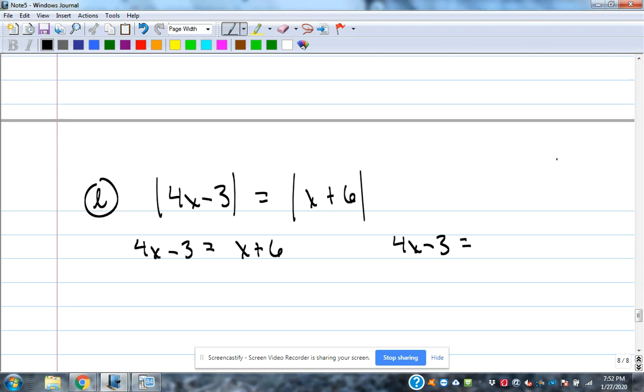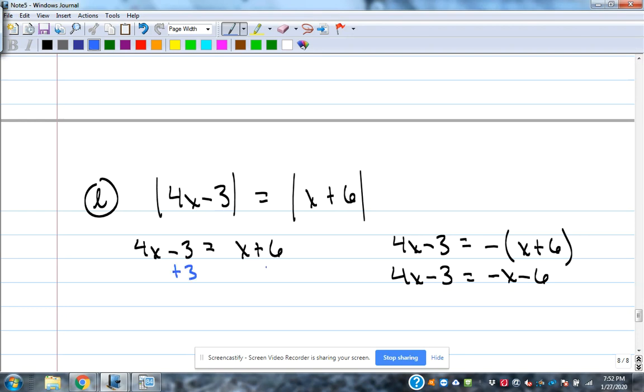But because it has an x plus 6 over there, we're going to say negative parentheses x plus 6. Okay. So negate the whole side, which means change the sign of everybody. So over here, this is going to be negative x minus 6 is what's happening there. And those are the two equations that you're going to solve.